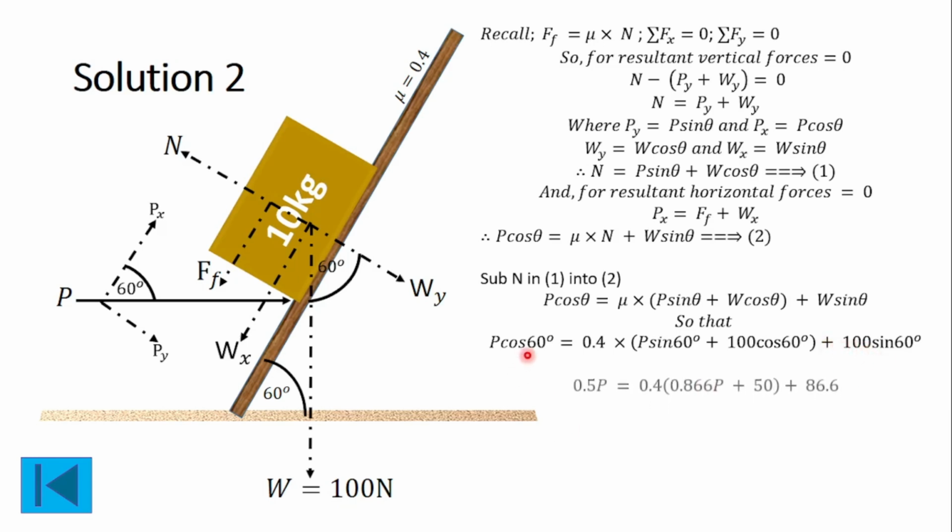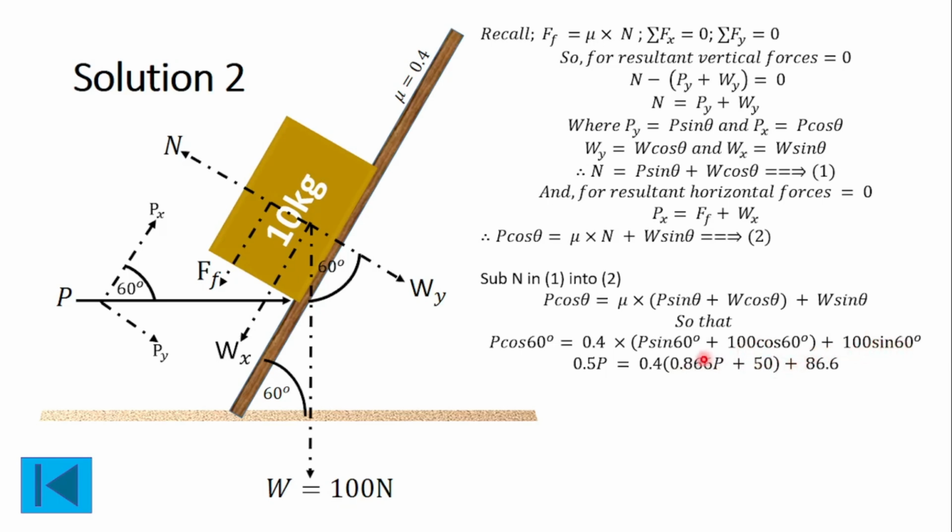Cos 60 degrees is 0.5, that's half. So 0.5 P equals 0.4 times, expanding this, sin 60 is 0.866, so 0.866 P plus cos 60 is half, so half of 100 is 50, plus 100 times sin 60.